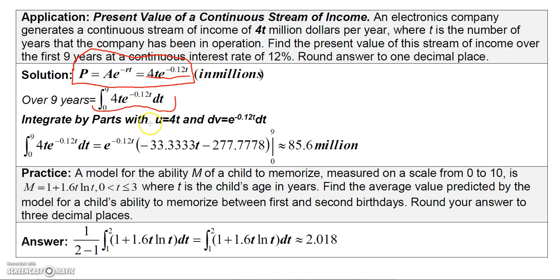Now, if you do this by using integration by parts, then you can say, okay, let's let u equal 4t, and then let's let dv equal the e to the negative 0.12t dt. Now I'll let you do the parts integration, and then you can evaluate that using the fundamental theorem of calculus from 0 to 9.